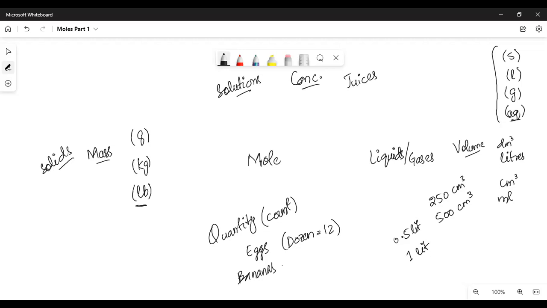This also applies to medicine, specifically syrups. Let's take cough syrups as an example. When you go out to buy cough syrups, they are present in units of concentration.